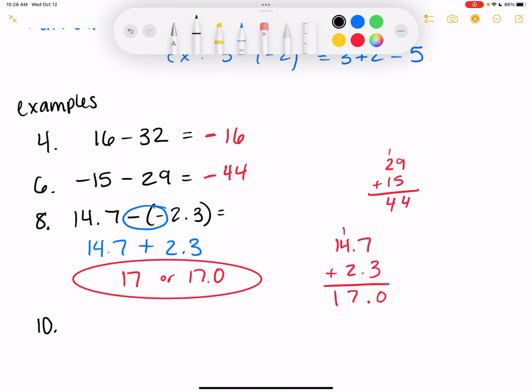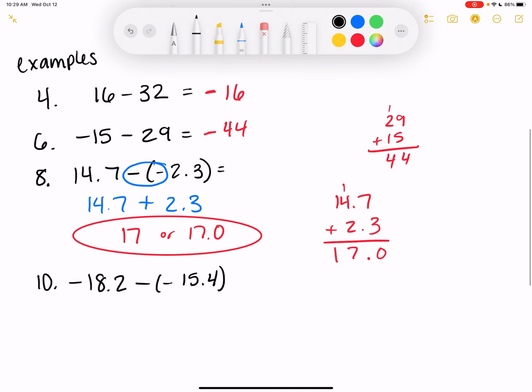All right, number 10. Negative 18.2 minus negative 15.4. So what do we have going on here? Two negatives. So what's going to happen with that? Negative, positive. Yep, so this is going to become positive.